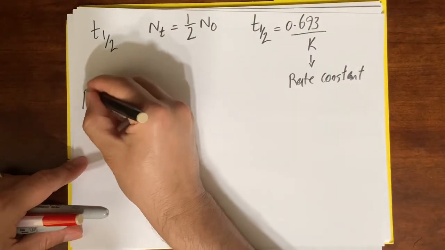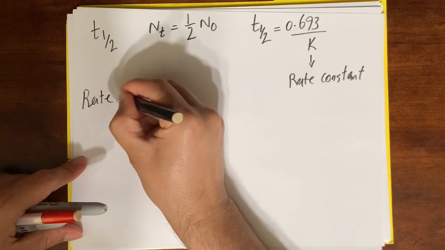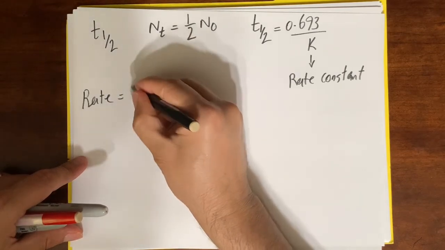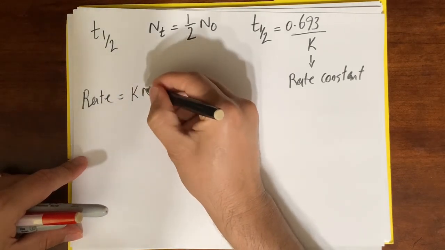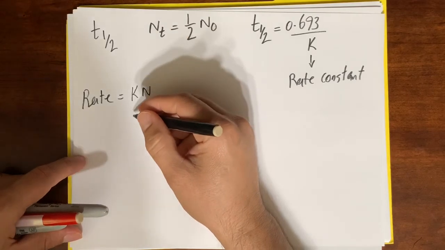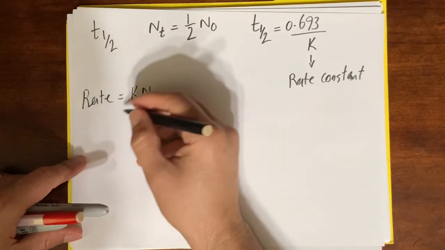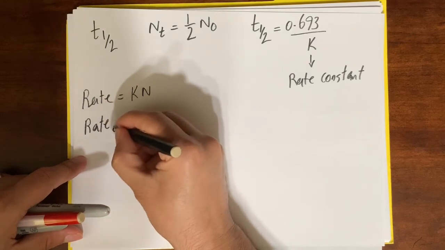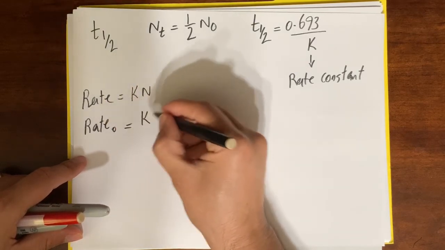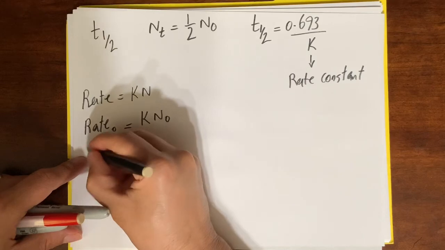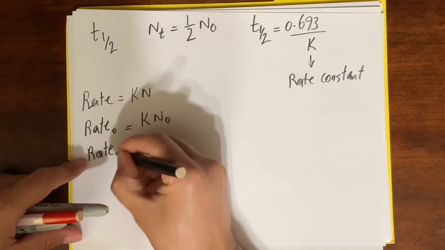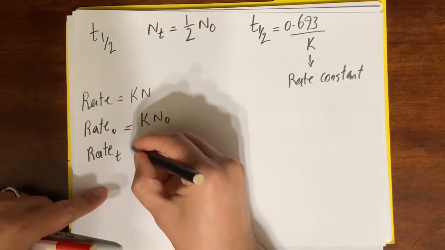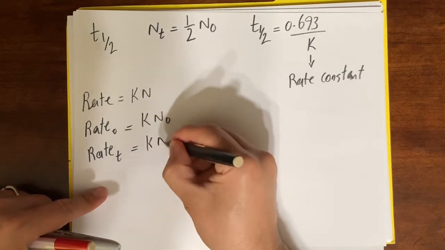Now, rate is equal to K multiply N. So I can say rate at the beginning is going to be equal to K multiply N0, and rate after T time is going to be K multiply NT.